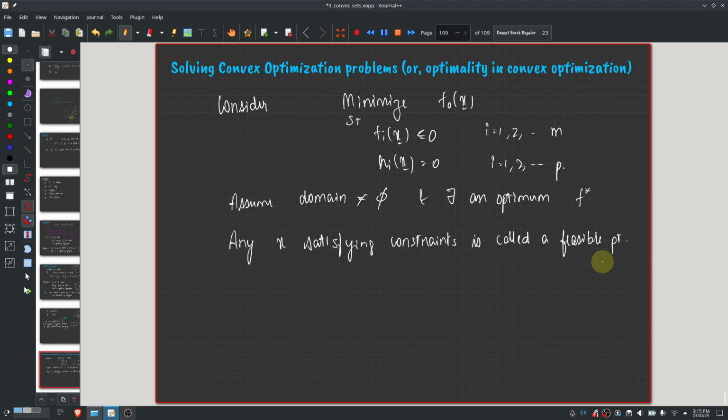So I define a new function which I call the Lagrangian.